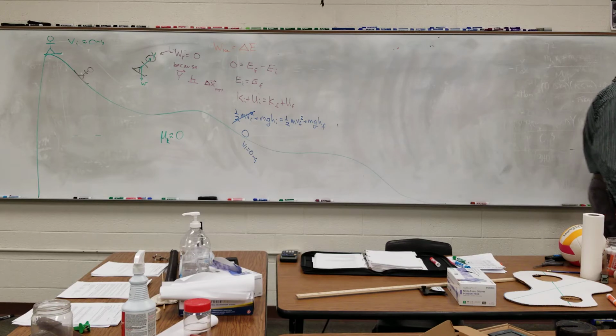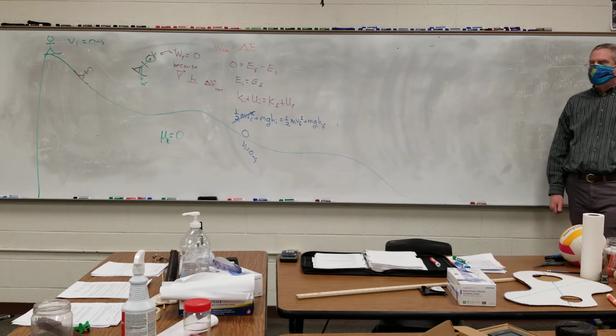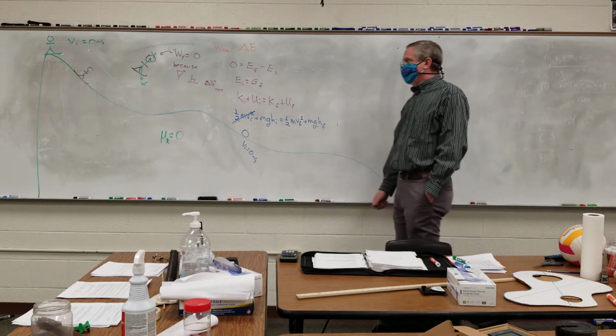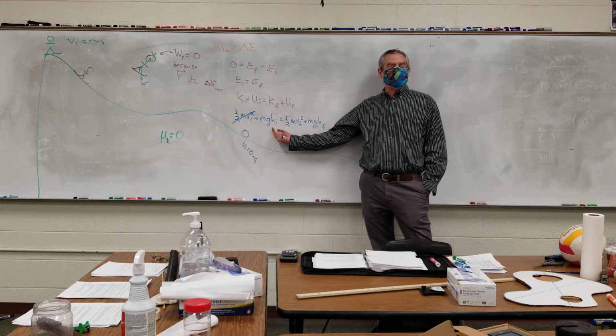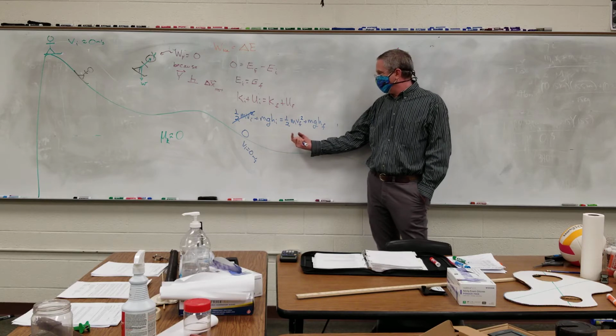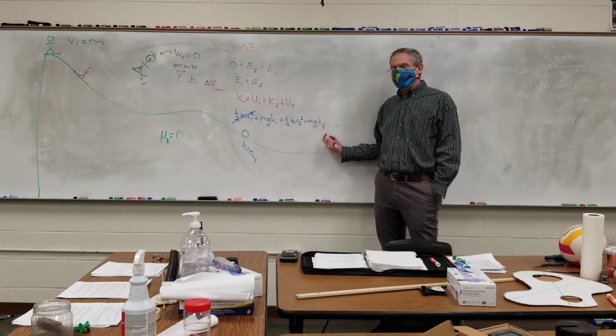Anything else equal to 0? Assume his mass is not 0. Assume that he's on some planet, so little g is not 0. So that basically leaves h initial, v final, and h final.